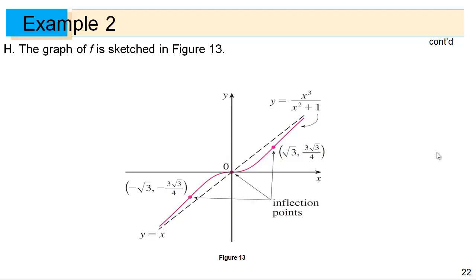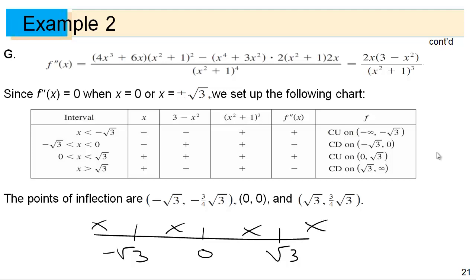Now we can put everything together. We found that one inflection point at the origin. We had the other two inflection points at plus and minus root 3. We saw that it was concave down and concave up. And I know it doesn't look like it in the picture, but I'll write them down here so you can see it. Right? It's concave up here, then concave down, concave up, concave down.